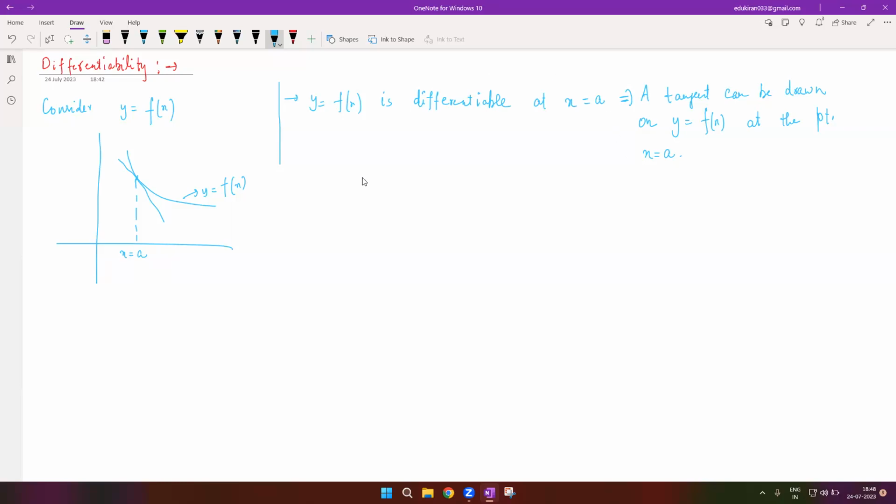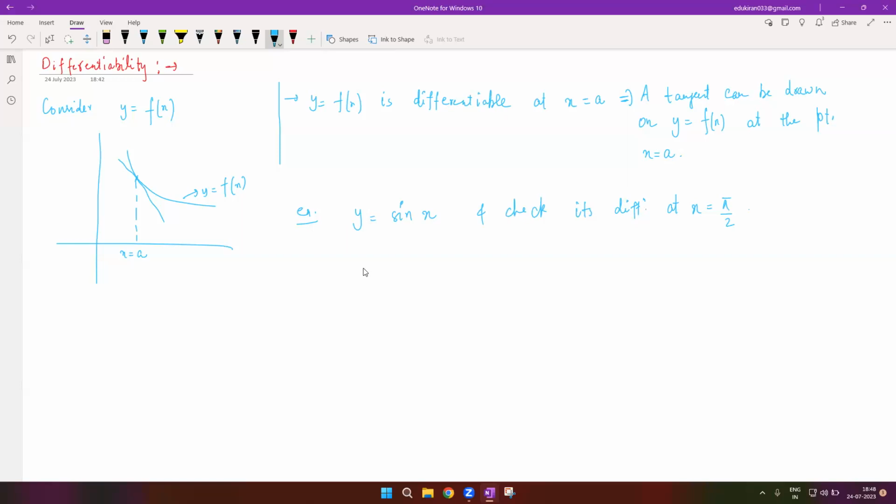Let's say I've given you this function y is equal to sin x, and check its differentiability at x is equal to pi by 2. It means that we want to know whether a tangent can be drawn at this point on this graph. But right now we don't have its graph.